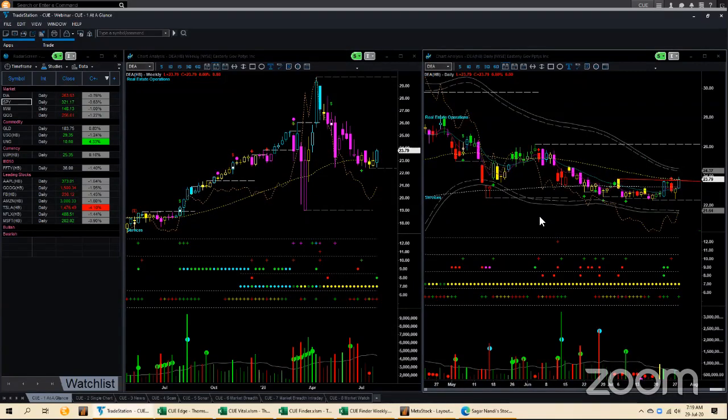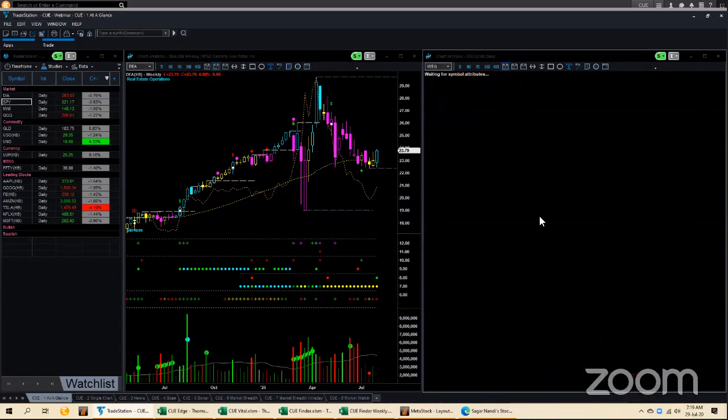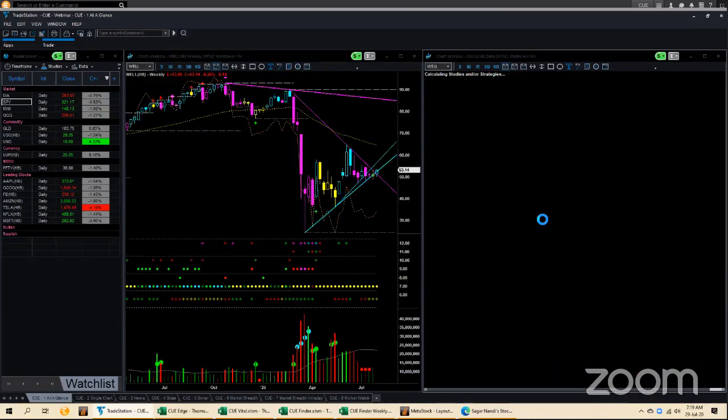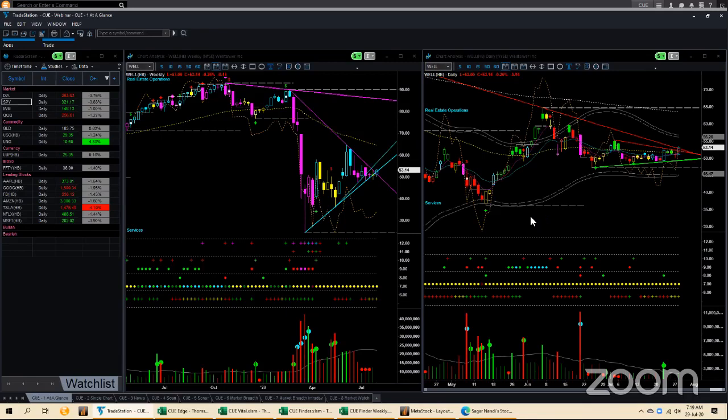The other one was WELL. I think I selected the stock based on this day's candle. Then it tried to go down. On this day, the traffic light candle color turned red.